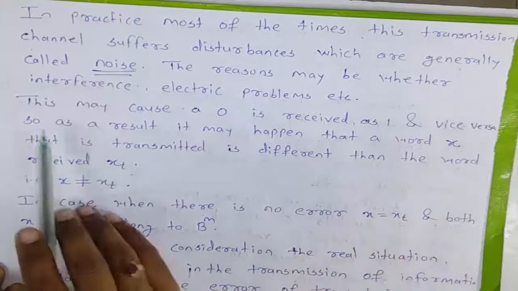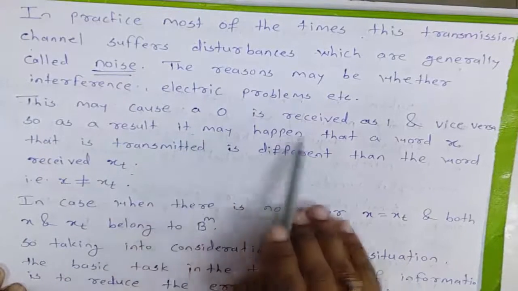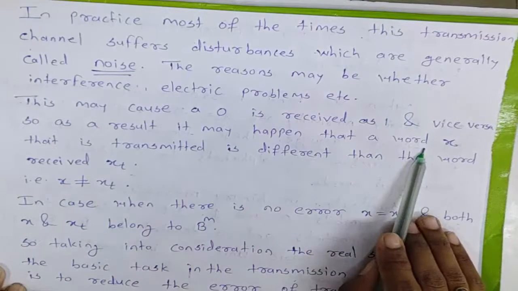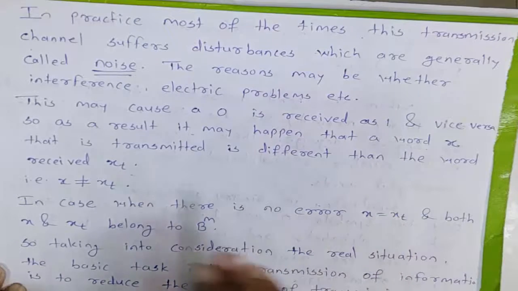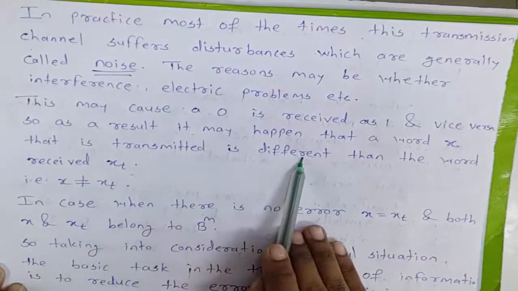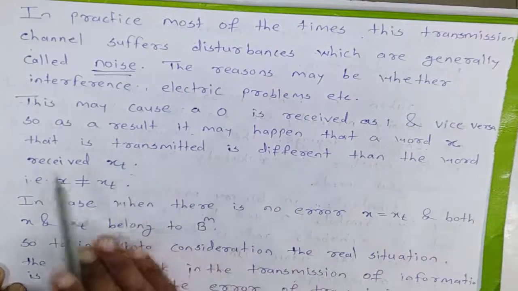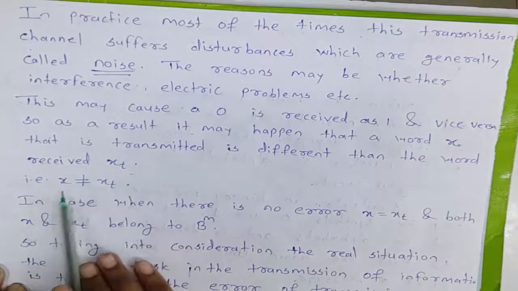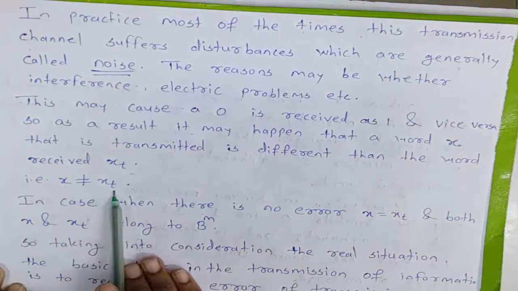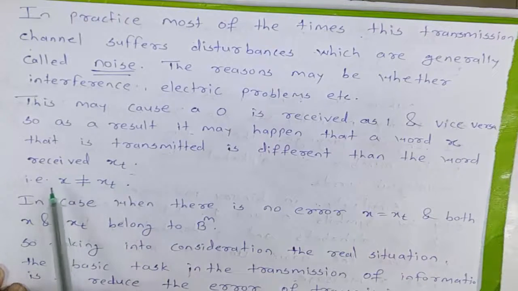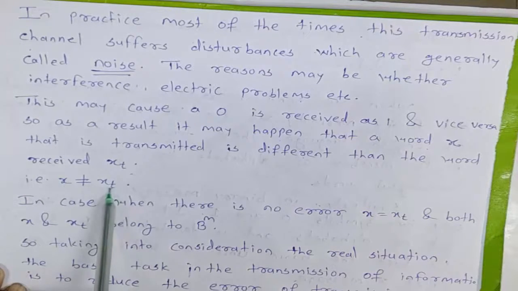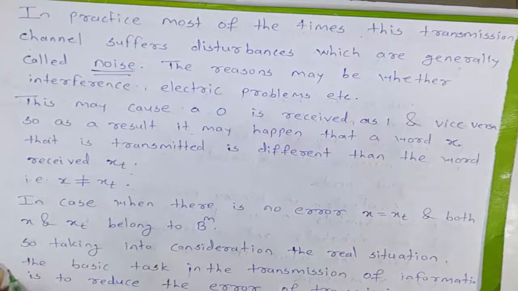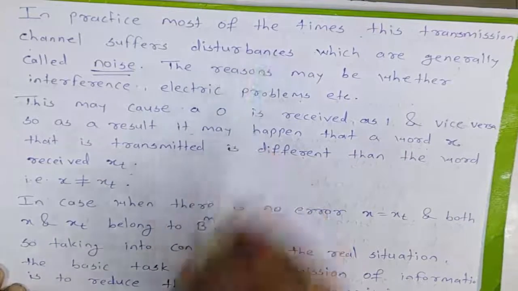As a result, it may happen that the transmitted word x is different from the received word xt. That means x is not equal to xt. So here the transmitted word x is different from xt, so that's why this suffers a disturbance.